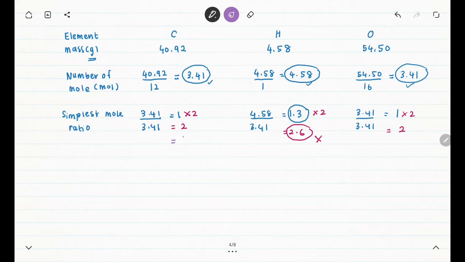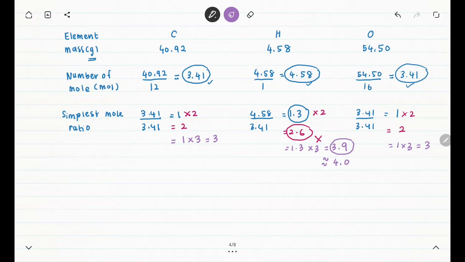Let's say we multiply by 3. Here we will get 3. This one, 1.3 times 3, you will get 3.9. And this one, 1 times 3, you will get 3. For hydrogen, do you see that our mole ratio is 3.9? So 3.9 can be rounded off to 4.0.